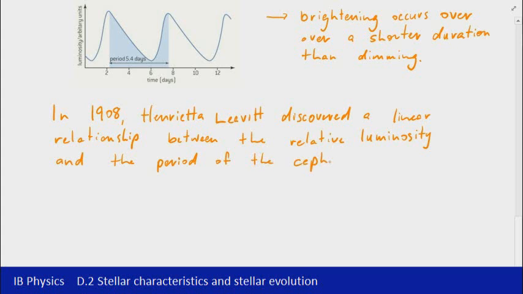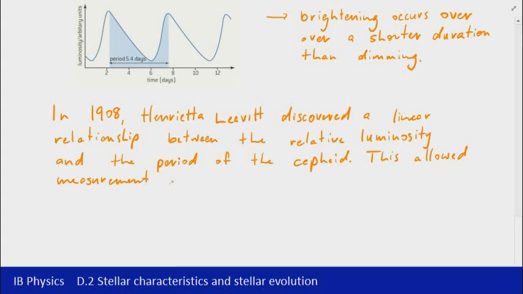So the reason why that was important is because it allowed the measurement of the period, which is fairly easy to measure. If you're looking at the luminosity, you measure it over however long it takes. In the case of this graph above, 5.4 days.